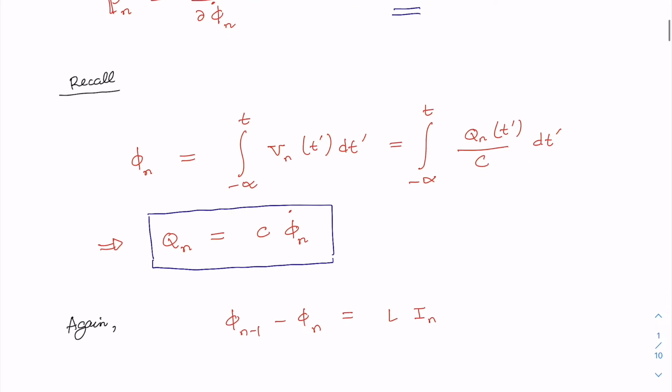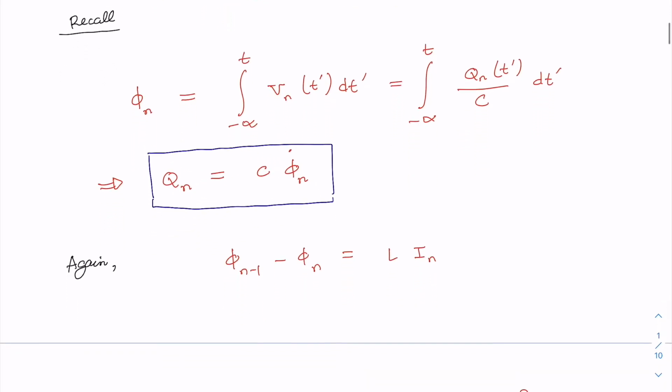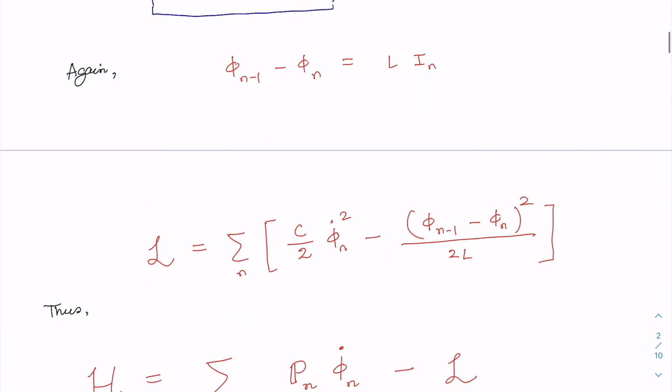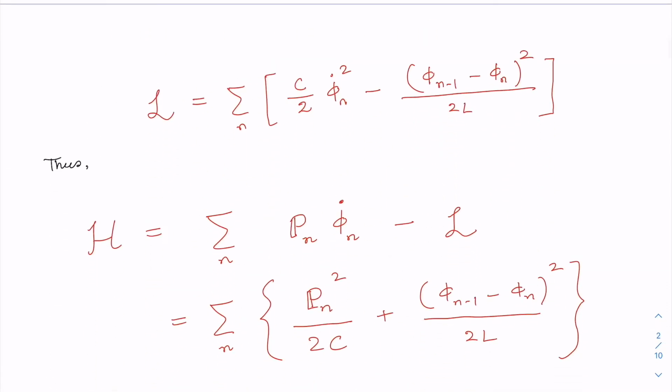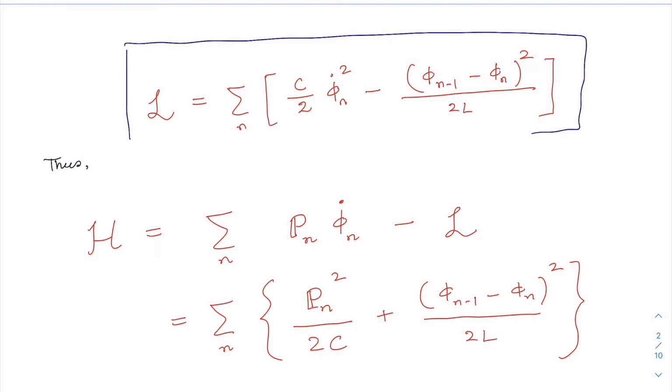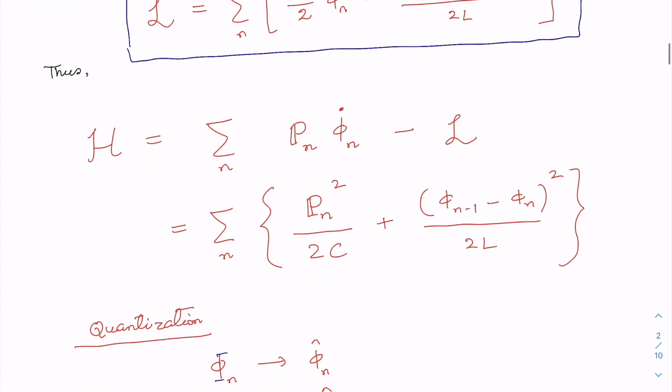Again, the current can be found just by taking the difference in the magnetic flux value at two neighboring nodes, and that is going to give you the current that is driven in that particular branch. Then, in terms of this magnetic flux, we can write down this Lagrangian, and from here we immediately get our Hamiltonian.